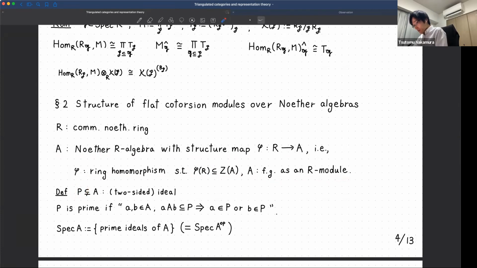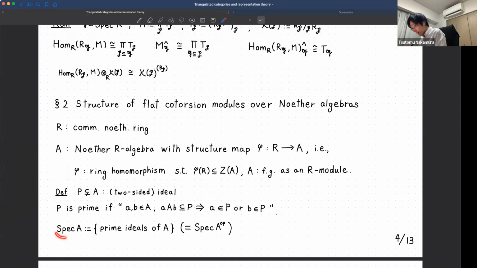A proper two-sided ideal P is called prime if the next condition holds: given elements a, b in the ring A, if this inclusion holds, then a belongs to P or b belongs to P. Of course, if the ring is commutative, the definition agrees with the classical one in commutative ring theory.